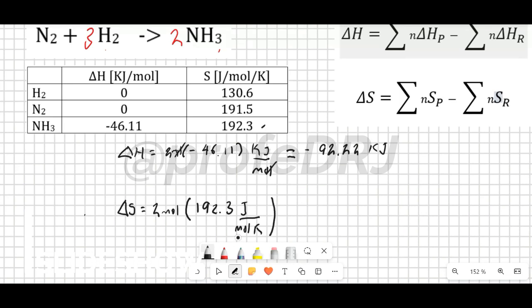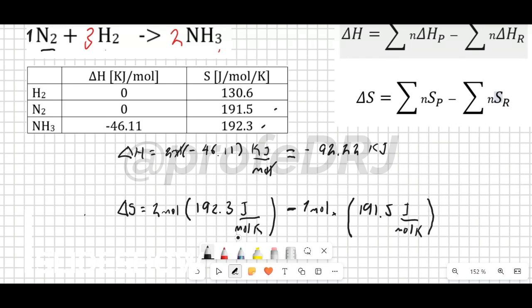Now, minus reactives. Which one is the first reactant? Nitrogen. Nitrogen has this value, 1 mole. Remember, why 1? Because here is 1. Yes, 1 mole multiplied by which value? 191.5 joules divided by mole Kelvin.